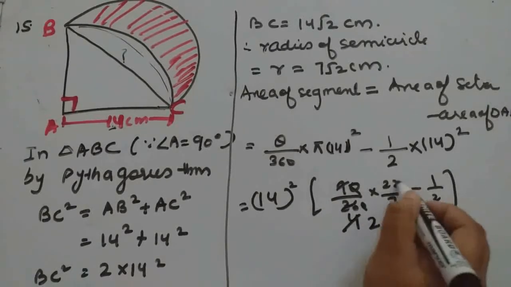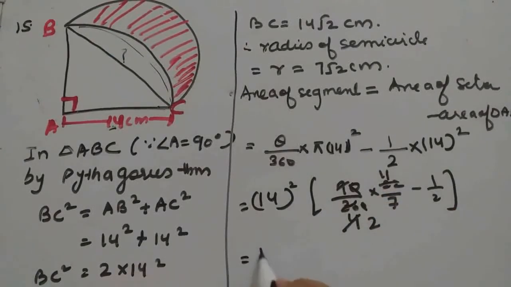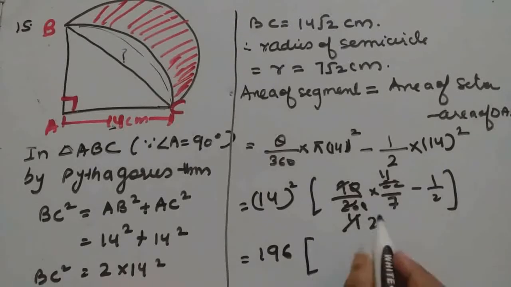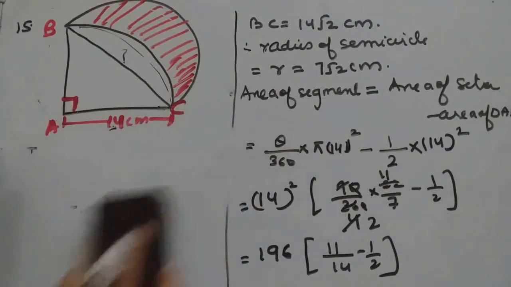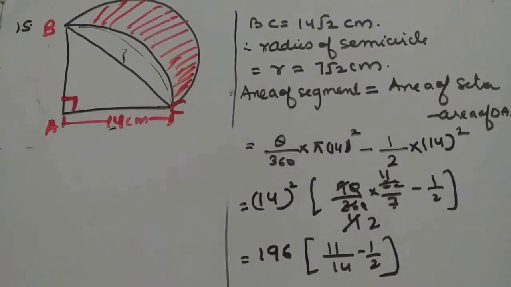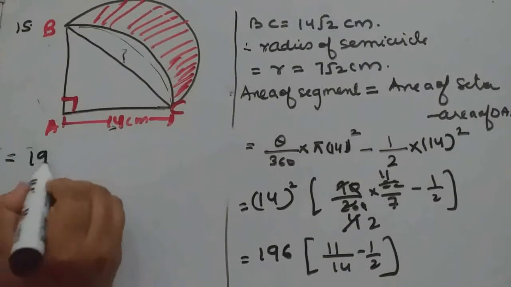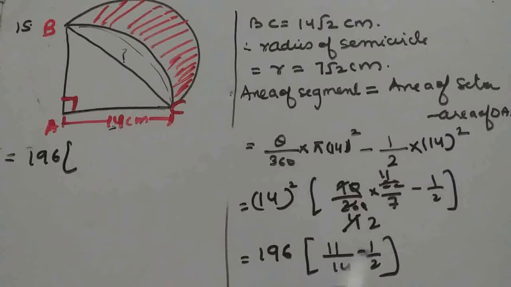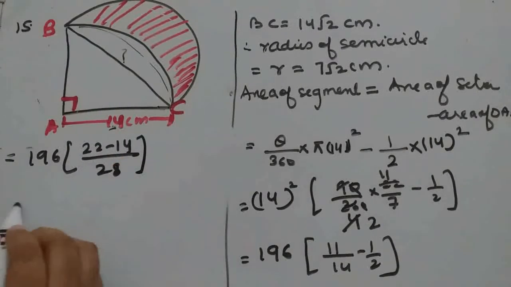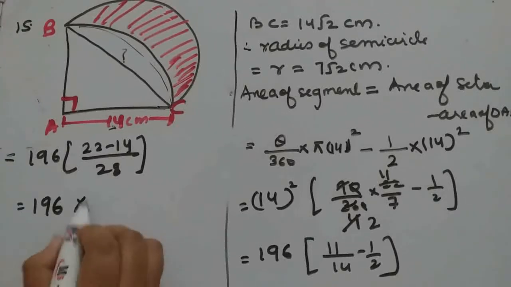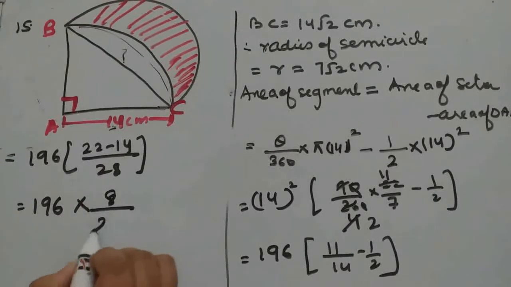So 14 square means 196. 11 by 14 minus 1 by 2. So 196, 22 minus 14 by 28. So 8 by 28.